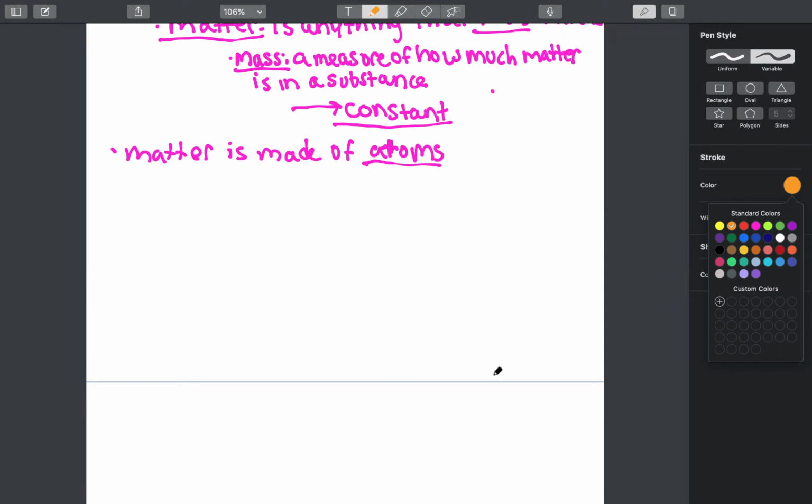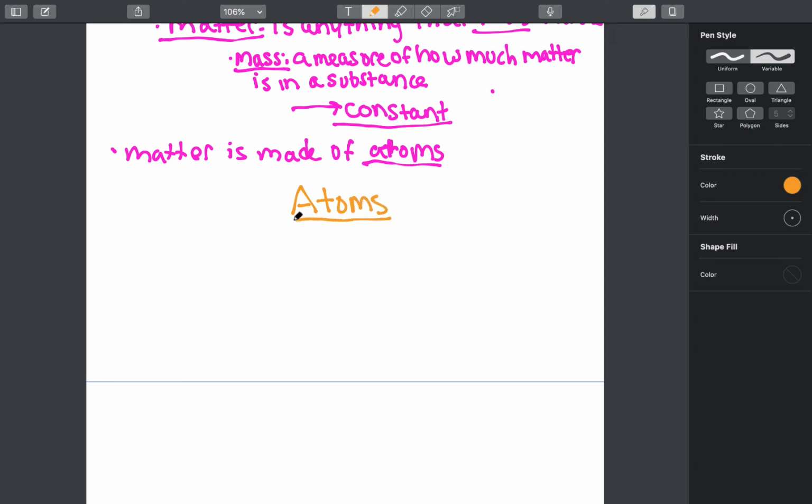So let's change color here. So atoms. Now, atoms are probably some of the most important things in chemistry. It's what chemistry surrounds itself around. Chemistry is all about atoms. Atoms are the building blocks of matter.